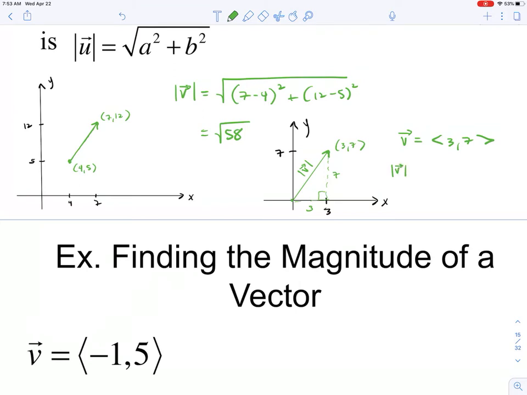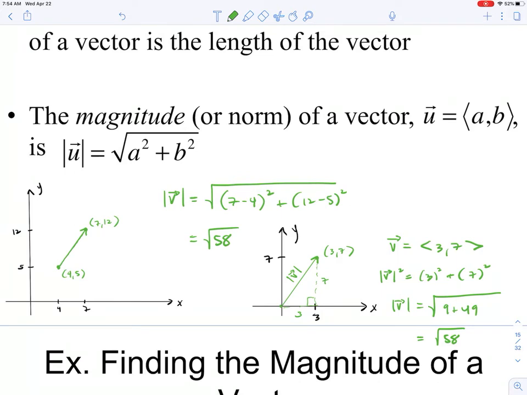And we have a right triangle here, so thinking Pythagorean theorem, we'd have the magnitude squared equals 3 squared plus 7 squared, which means the magnitude of v ends up being the square root of a squared plus b squared, or the square root of 58.